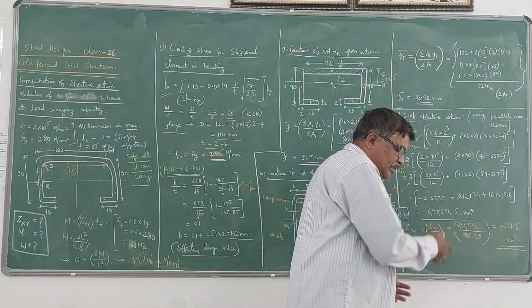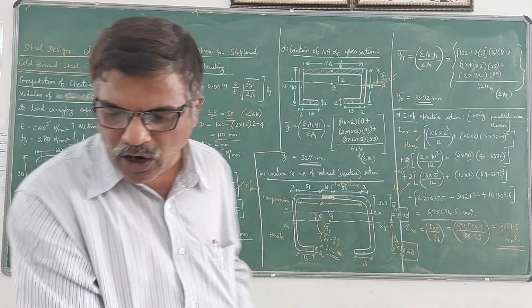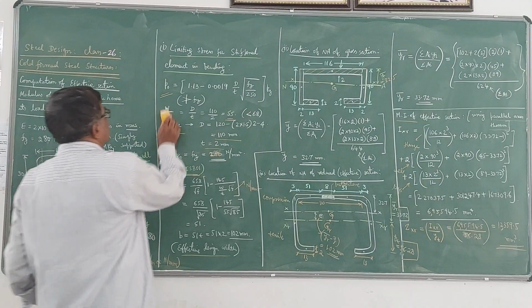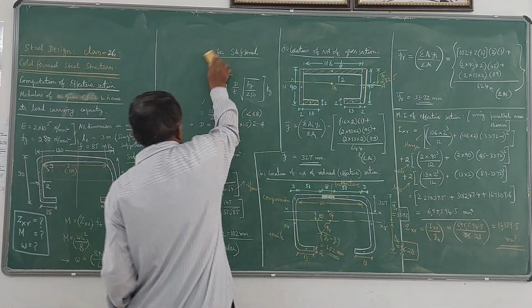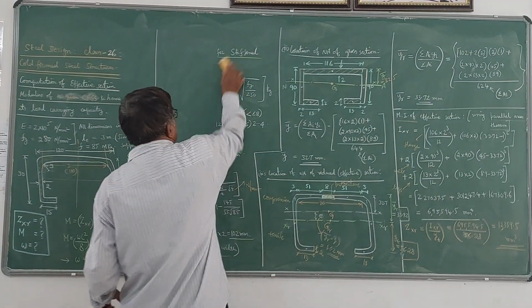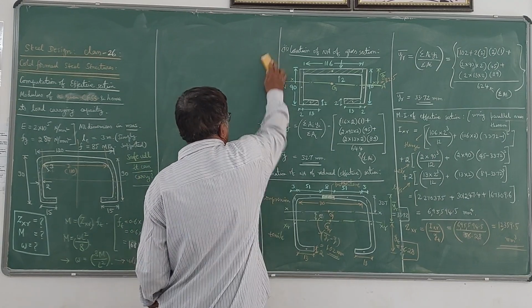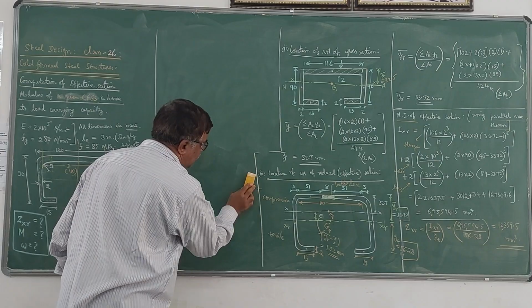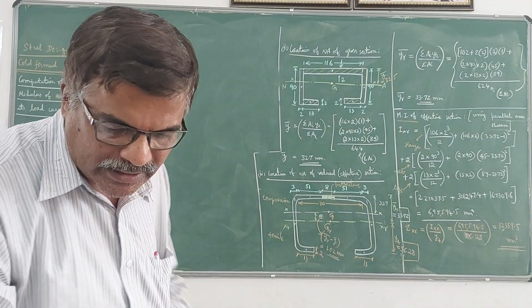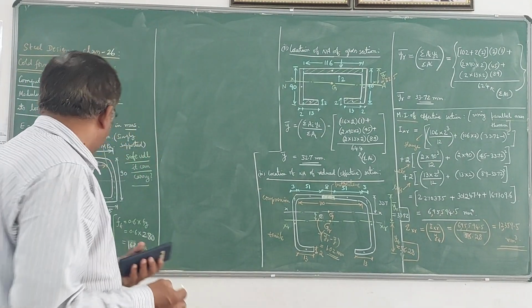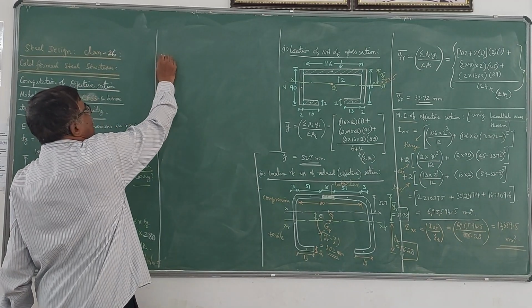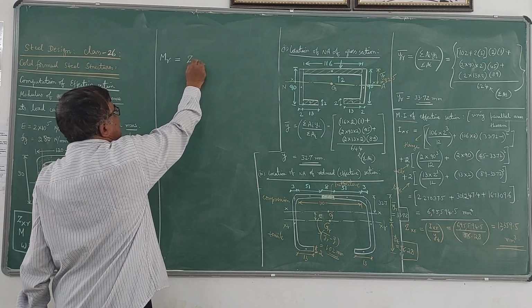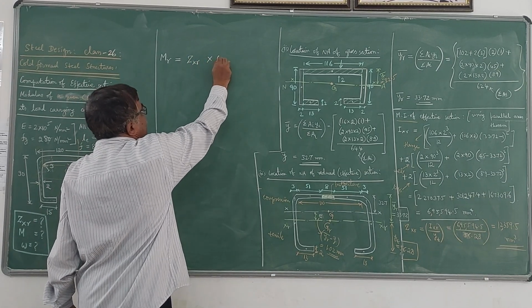After this ZXR, we need to compute the value of M, the maximum moment carrying capacity of that particular section. We multiply ZXR by FT to get M. So M, or MR, the moment of resistance, is equal to ZXR into FT.